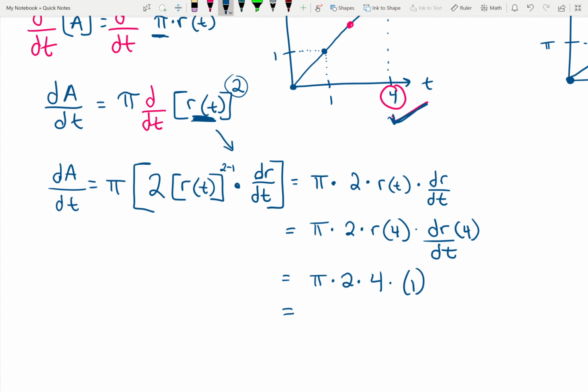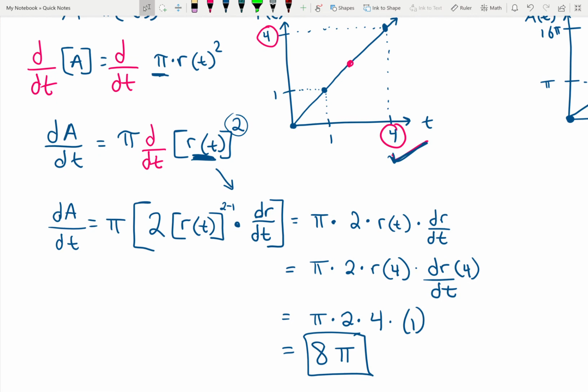So it's 8 pi. And there we go. That's our answer. So our answer is that the area is increasing by 8 pi square feet per second.